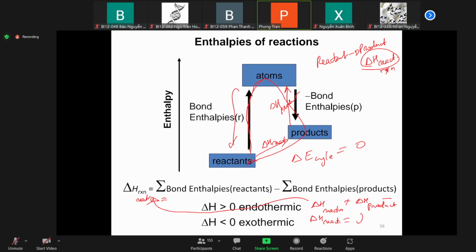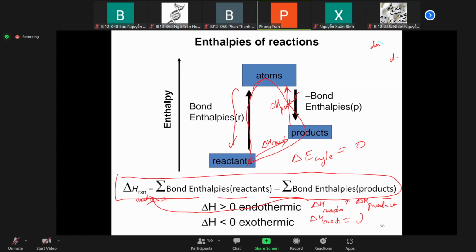So the idea is that when you start from one position, you go in one cycle, you will have exactly the same potential energy. So that means delta E equals 0. So you do this equation, you have this result. Is it clear for you guys? Yes. Okay.